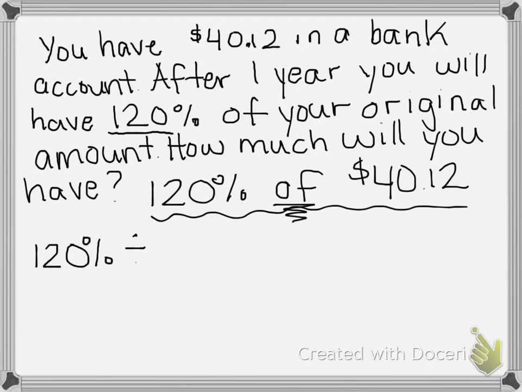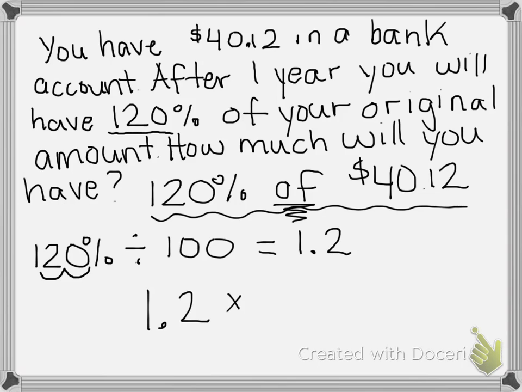So I divide it by, every single one of you should have said 100. 120 divided by 100 gives me, move the decimal, you get 1.2. Now, I need to take that 1.2, of means multiply, of your original amount, $40.12.